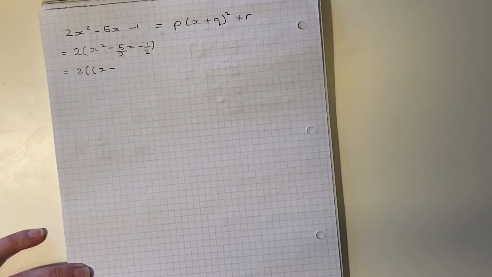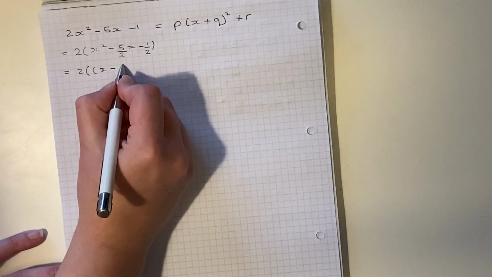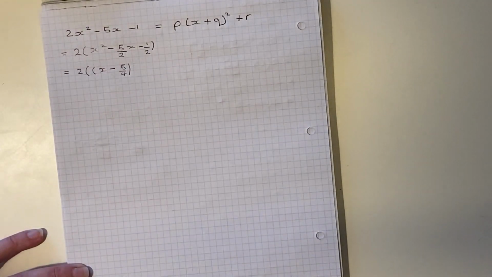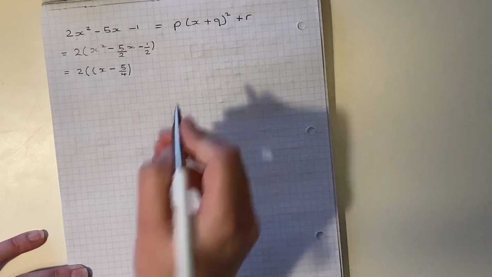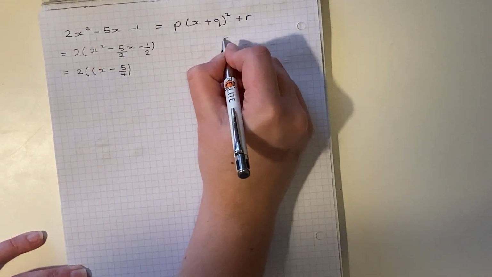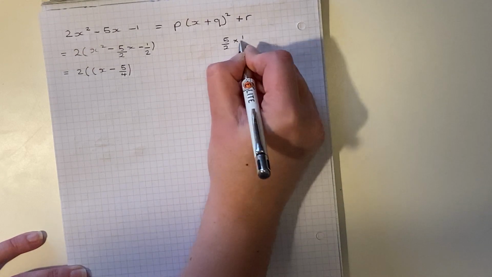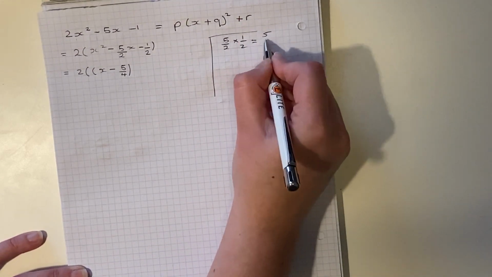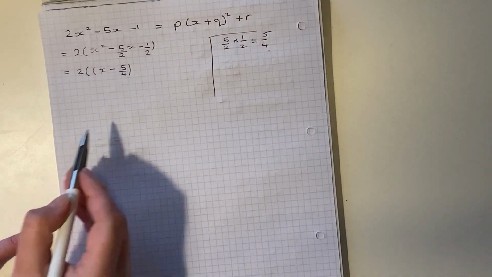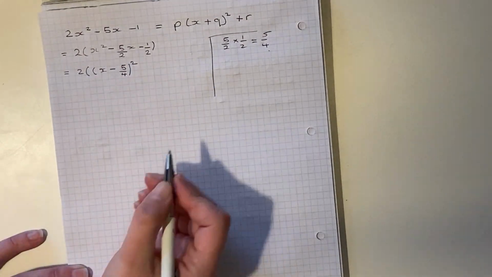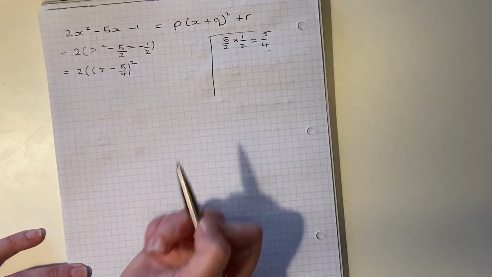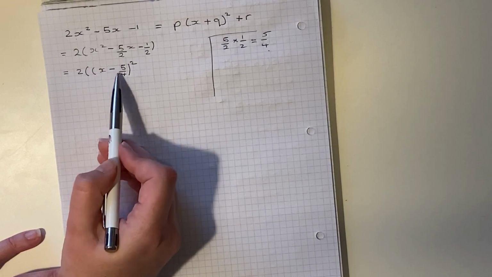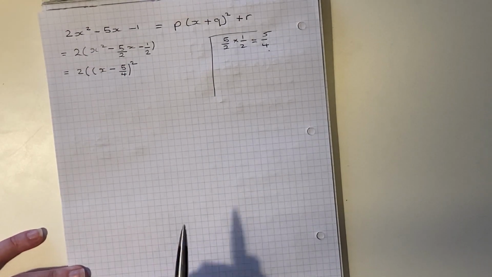So okay, half of 5 over 2 is going to be 5 over 4. Okay, because that is the same as multiplying 5 over 2 by a half, which is where we get 5 over 4, okay, and then obviously all squared, and the next bit we have to do is take into account, well, if we expanded this bracket, I would end up with 5 over 4 squared.